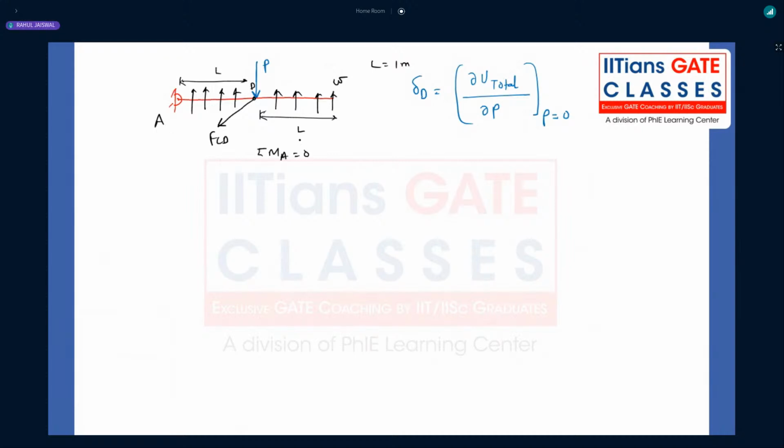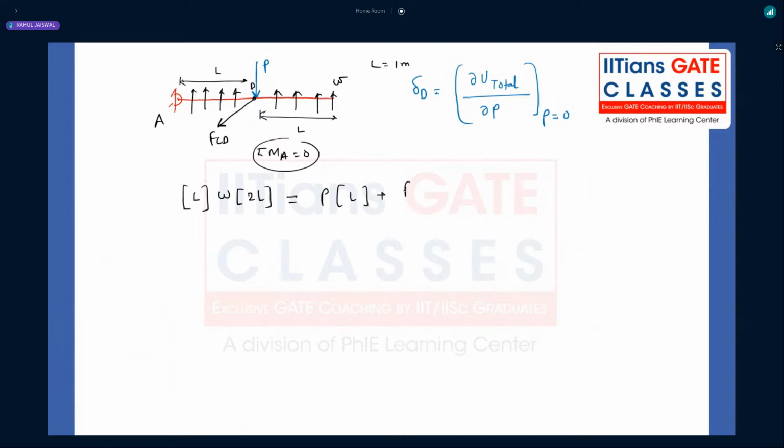Moment about A should be 0. So I'll be writing W into 2L, that is the anticlockwise moment, minus P into L. And W into 2L is a load, but at what particular length will it be acting? At its centroid, so that will be L once again.